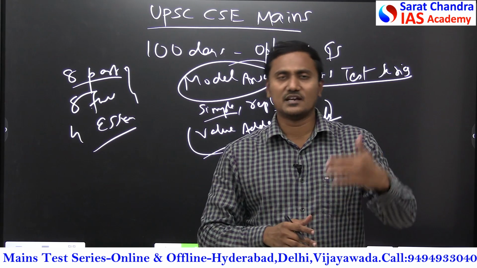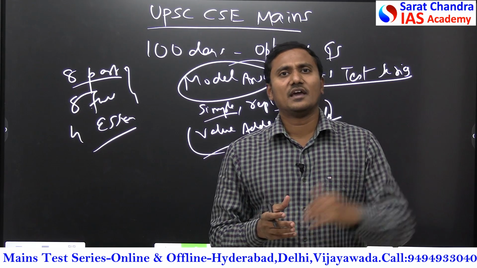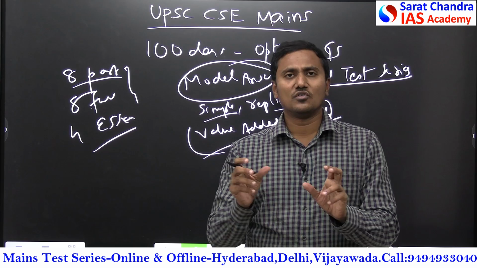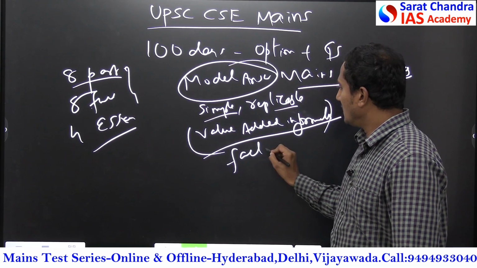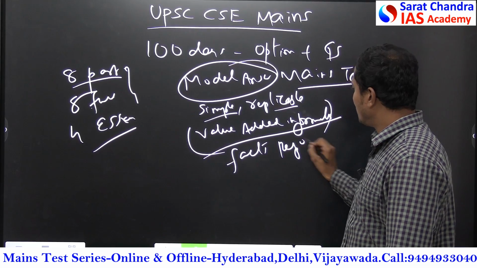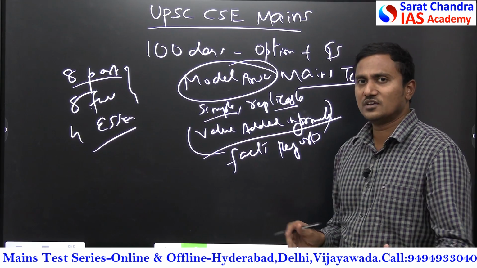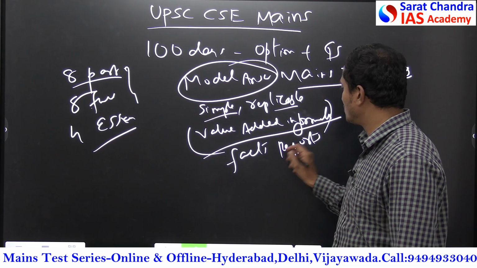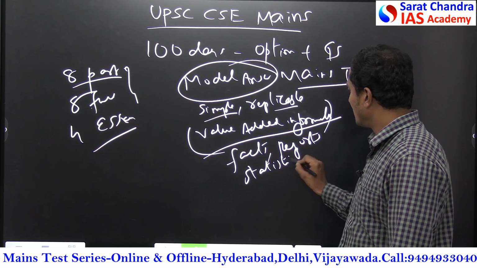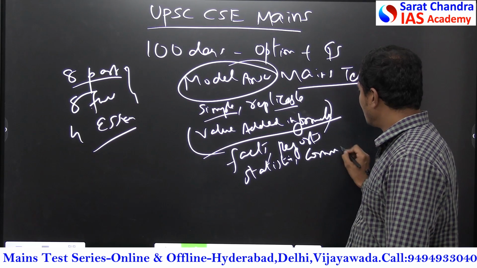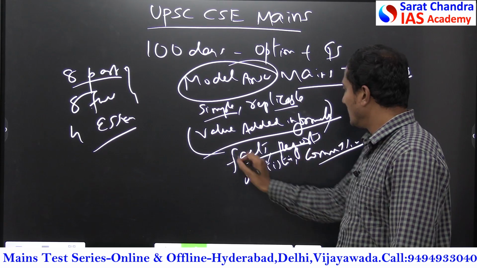In the governance, second ARC. In science and technology, any recent government initiatives. So mainly the facts, the reports. For example, if it is fishing, Meena Kumari report, facts, reports, important statistics, important commissions or important papers, anything.